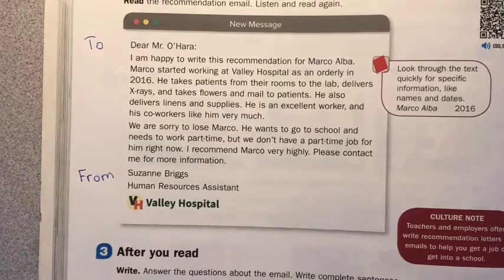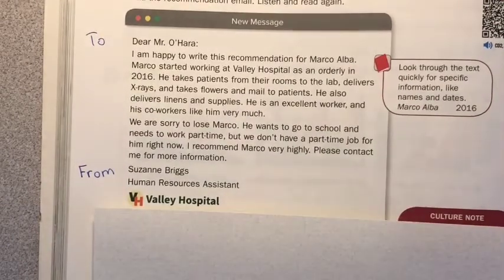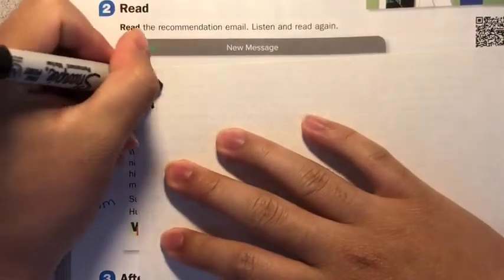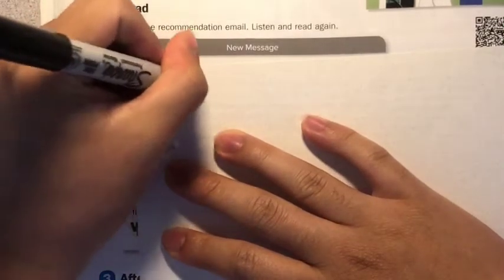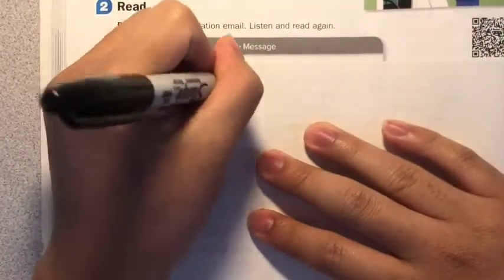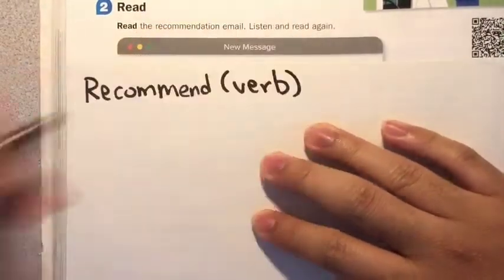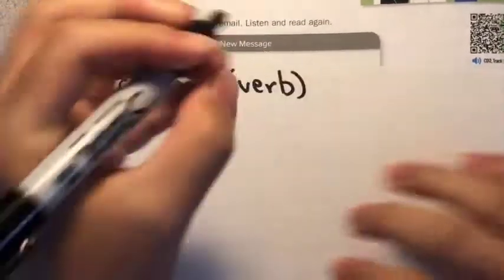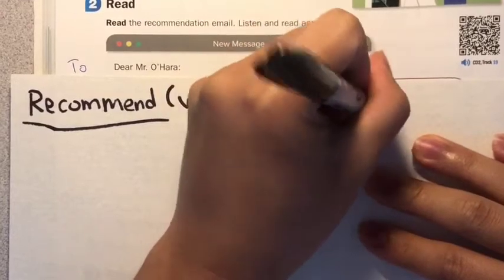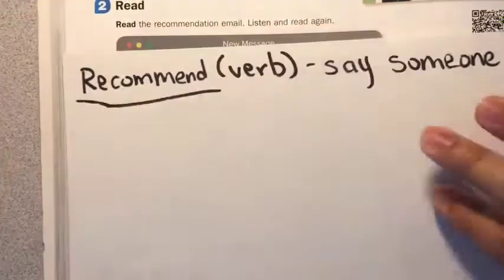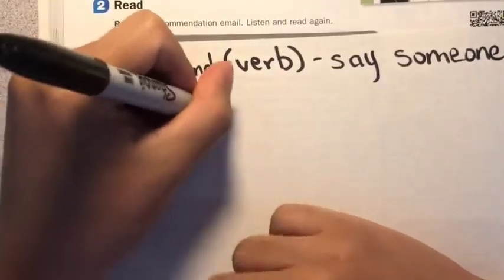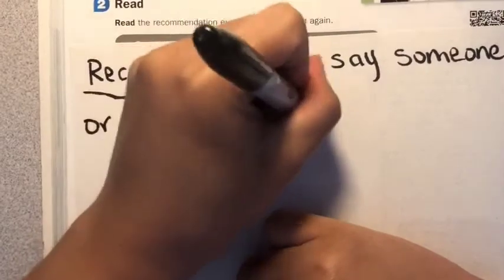So let's talk about some words you probably don't know. Let's start with the word recommendation. The word recommend is a verb. It's an action. Recommend means to say someone or something is good.